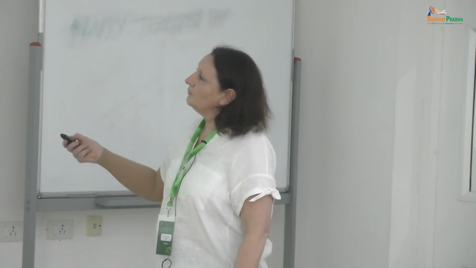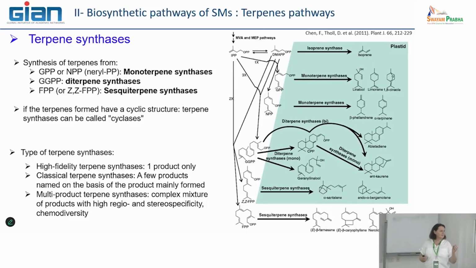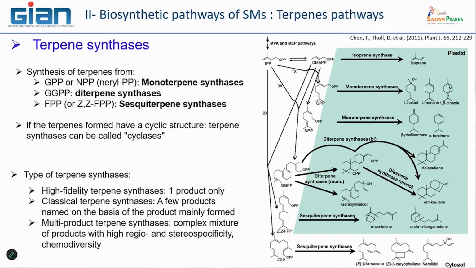And here, what I wanted to show you is that, in fact, when you have the precursors FPP, GPP, and GGPP, lots of the last steps that permit converting these intermediates to the final terpenes take place in the plastid. So in the plastid, not only do you have IPP and DMAPP production, but also the final steps.